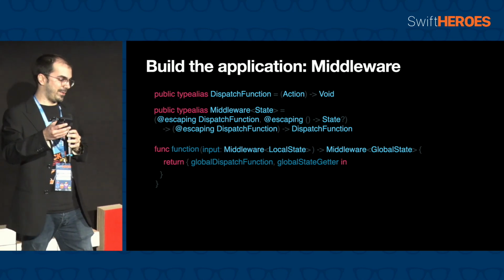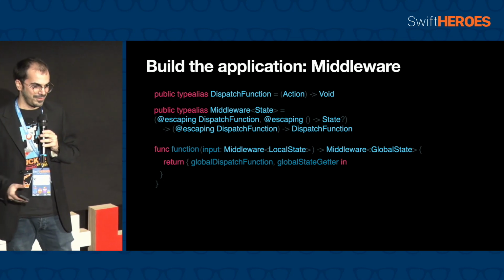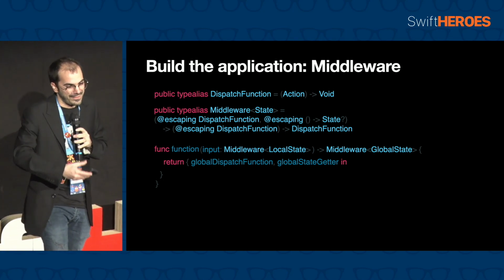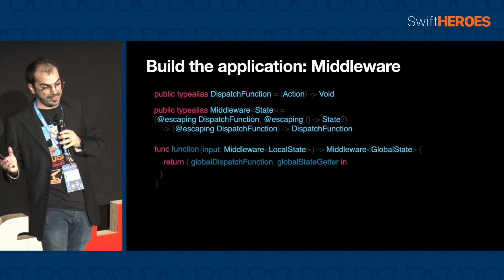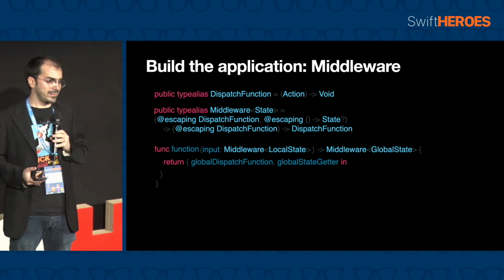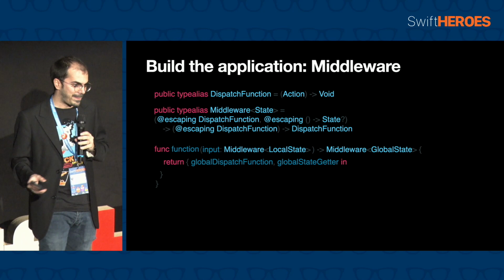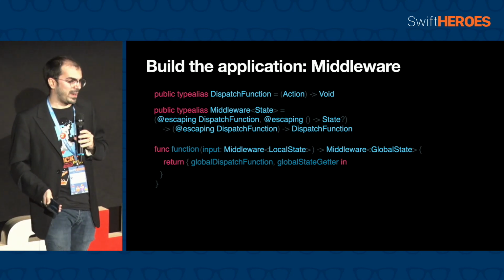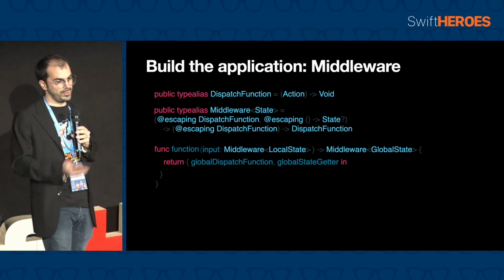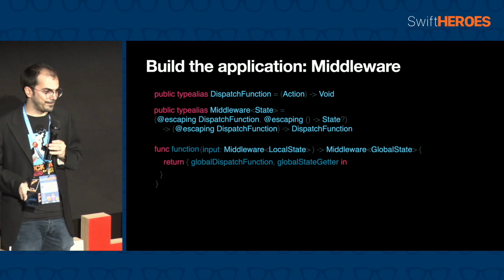The global dispatch function, I want to mark it as global in order to make the code cleaner and understandable, and the global state getter. The idea is that we should use those two parameters, pass them as parameters to the input, which is a middleware of local state, in order to compute the middleware of global state.